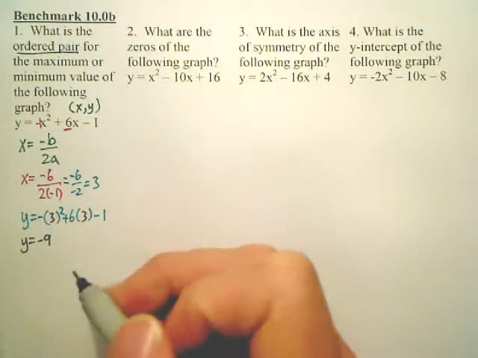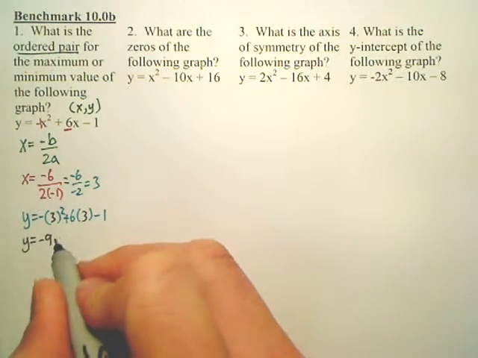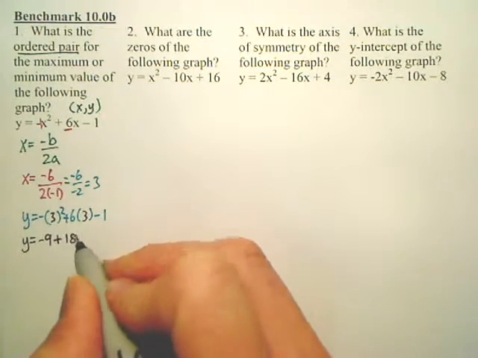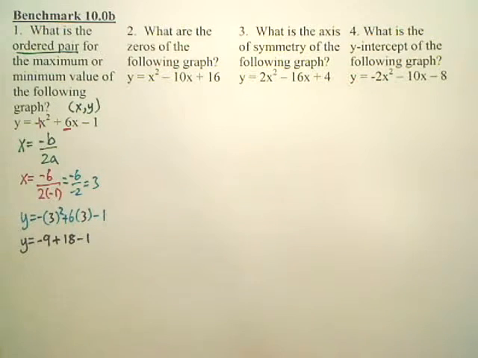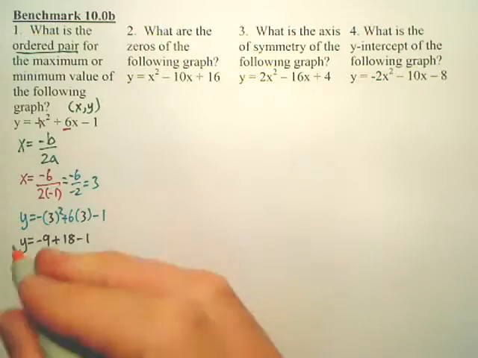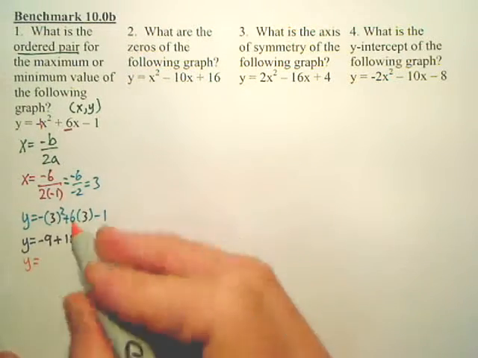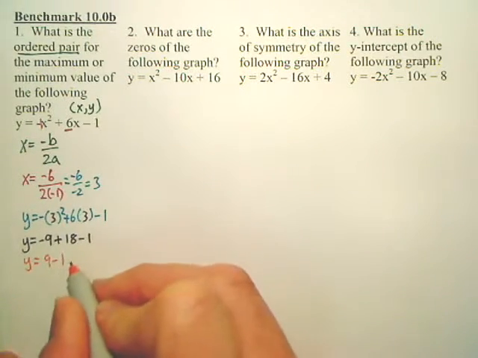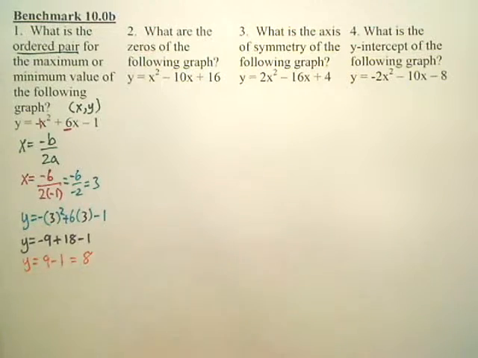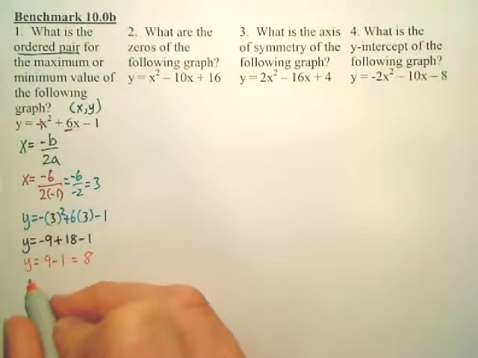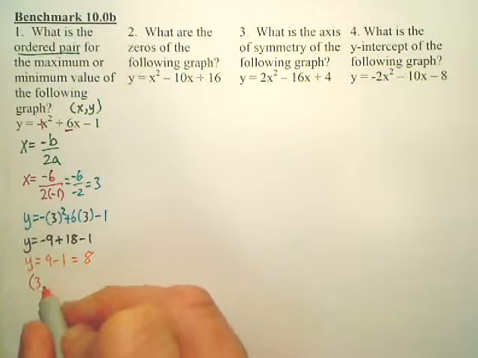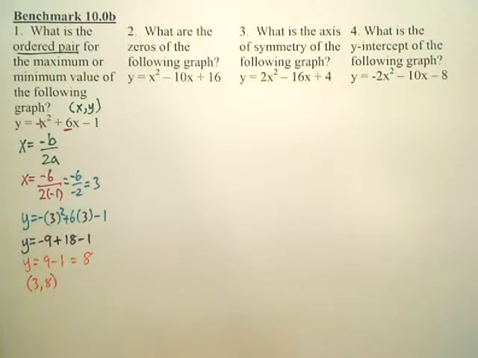Then we have 6 times 3, which is 18, and then minus 1. So y equals 9 minus 1, which is 8. So my coordinate is (3, 8). That is my max or my min.